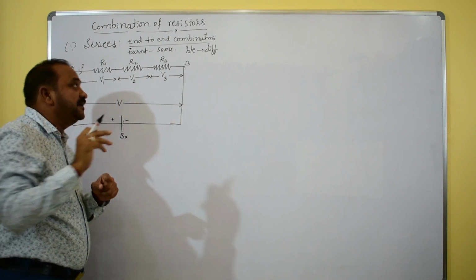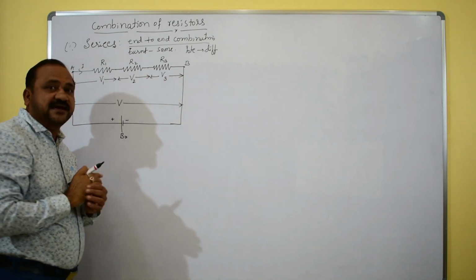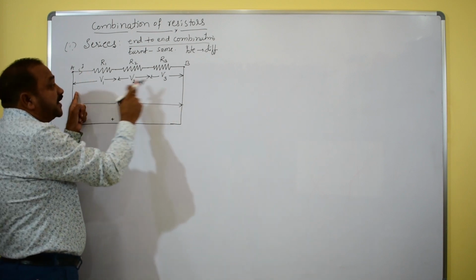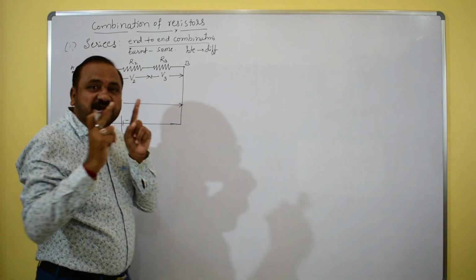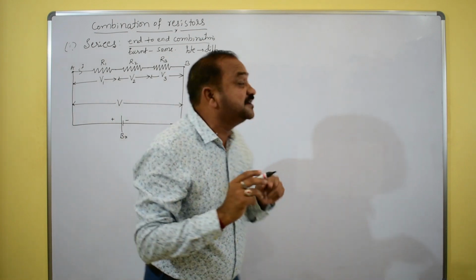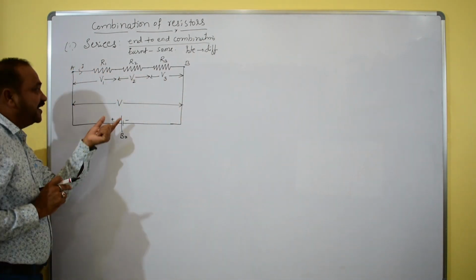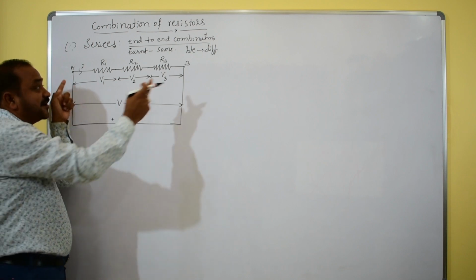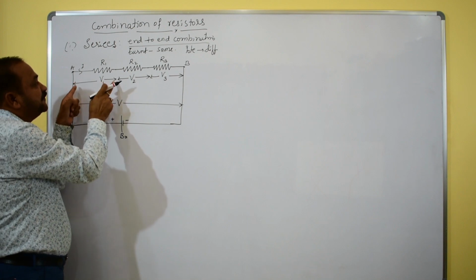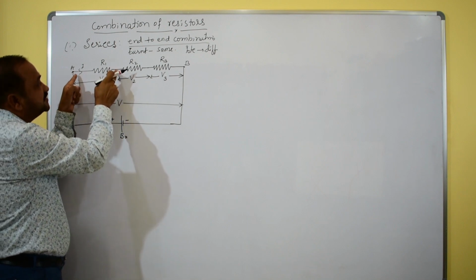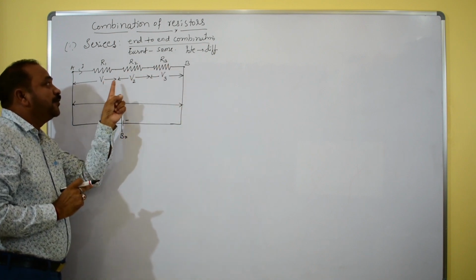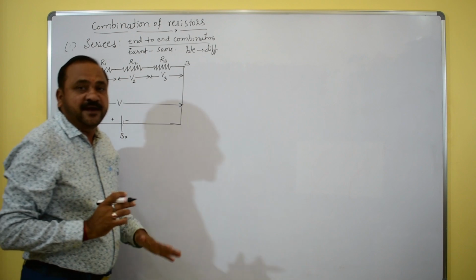Next, the total potential difference across this combination is equal to the sum of the potential difference across individual resistances. That is why we say V equal to V1 plus V2 plus V3.